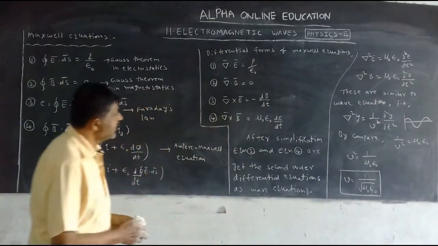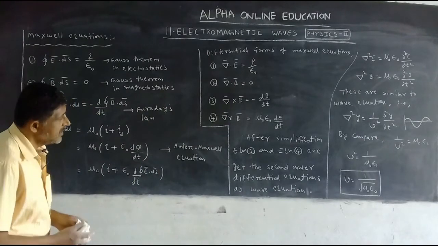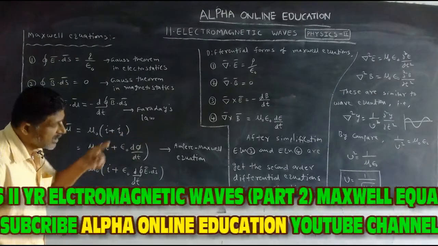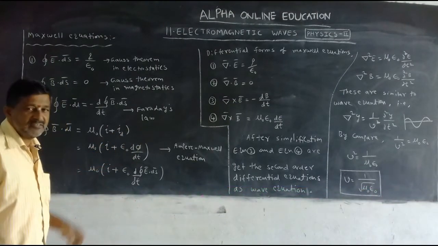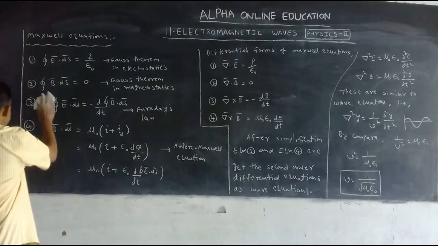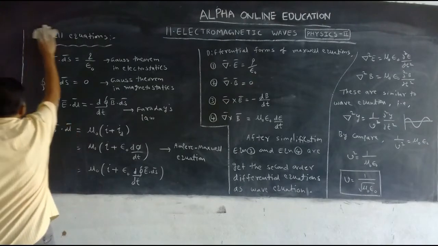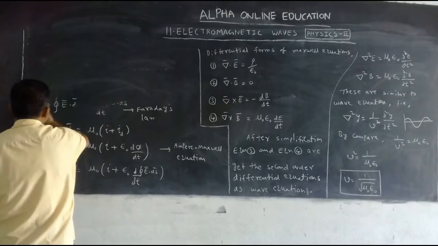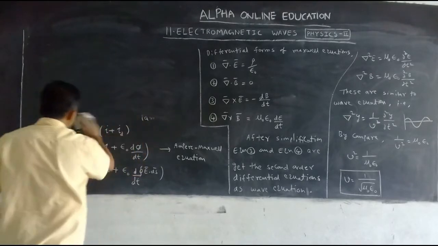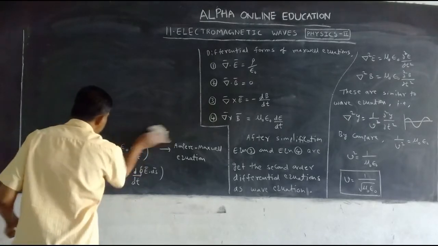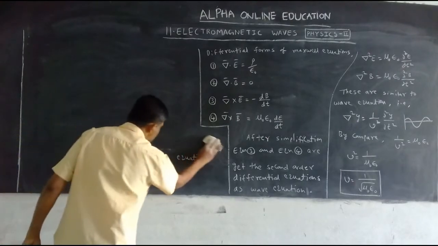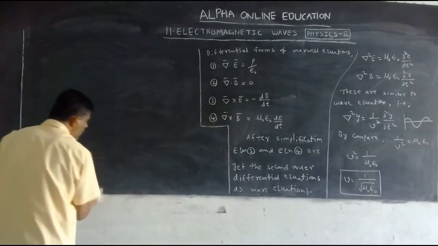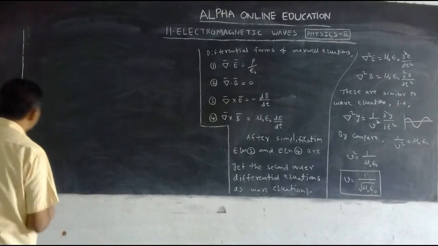He expected the two waves must be electromagnetic waves, and comparing with the wave equation, we get the velocity V is equal to 1 by root mu naught epsilon naught. Then he concluded it is an electromagnetic wave.